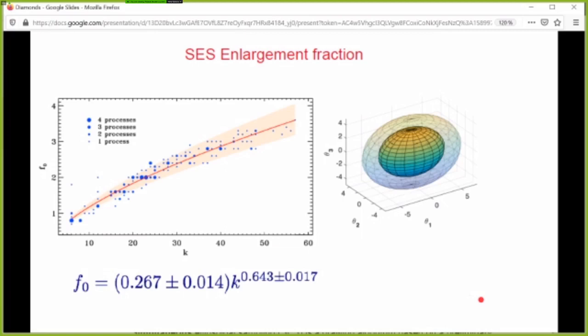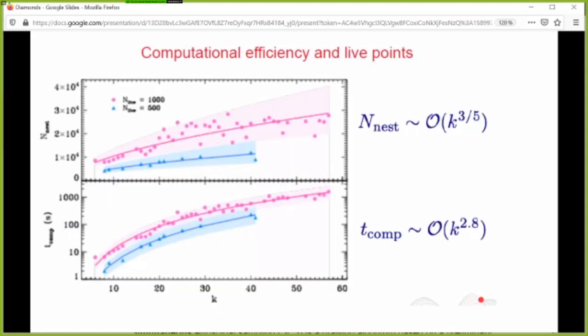The relation shown here was calibrated using a set of 150 independent computations for a peak-bagging analysis in asteroseismology. So one of the remarkable results is the computational efficiency of the DIAMONDS code, which is shown in terms of the number of nested iterations required to converge to a solution at the top, and the corresponding computation time at the bottom, in this case referring to a 2.7 gigahertz single core computation and a data set of about 2000 data bins.